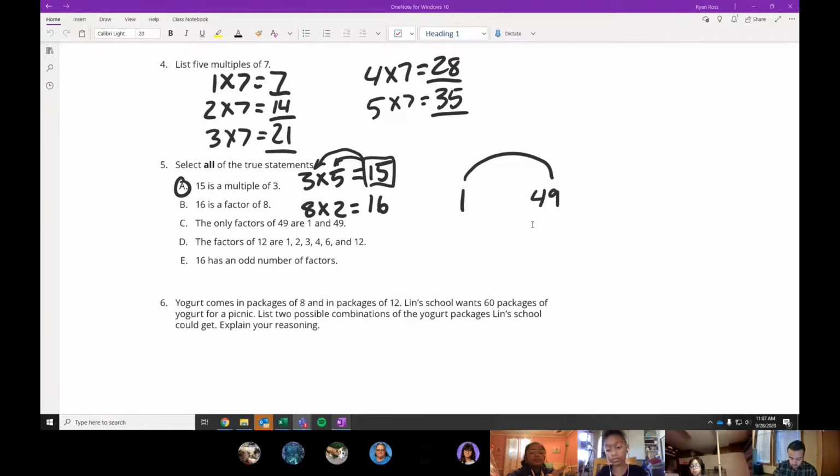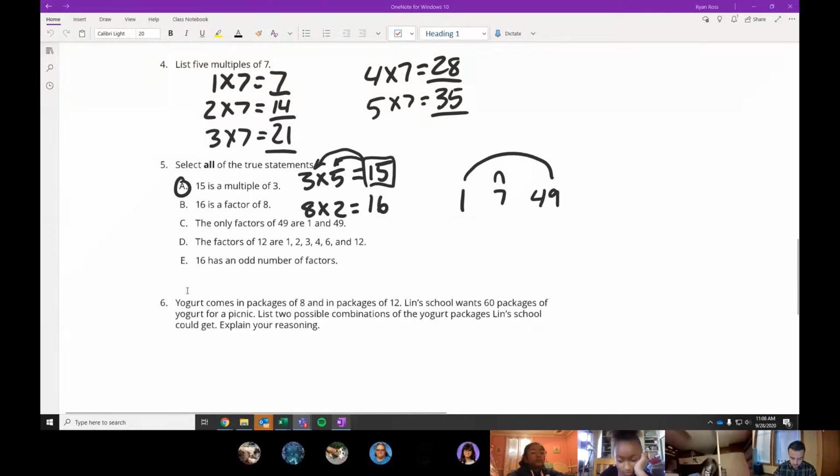And the only other number that would work is 7, because 7 times 7 is 49. You get that, Tania? So we have 1 and 49 and 7 times 7. So this, C, is actually false. It is not true, because this is saying it's only 49 and 1 for the factors. But we have 7 times 7.